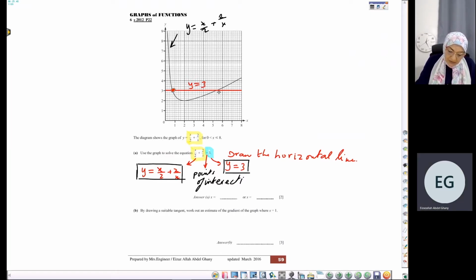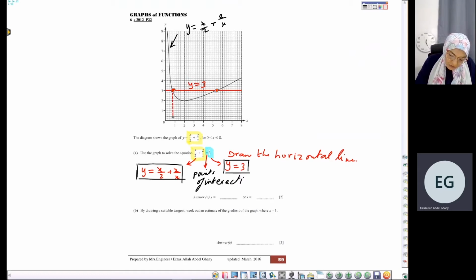The equal sign means these two graphs, the curve and the line, cut each other at 2 points. Now let's read them. These 2 points are the solution of the equation.